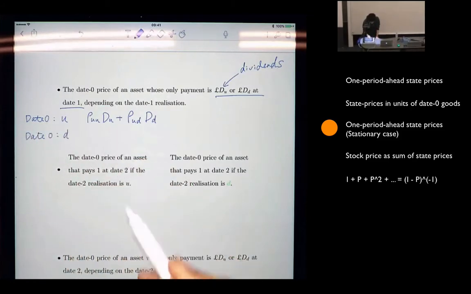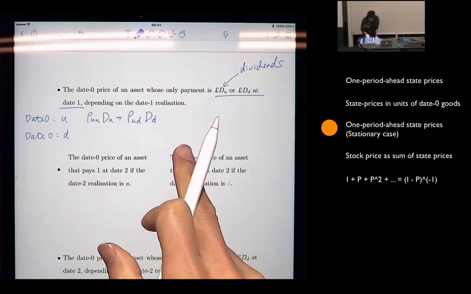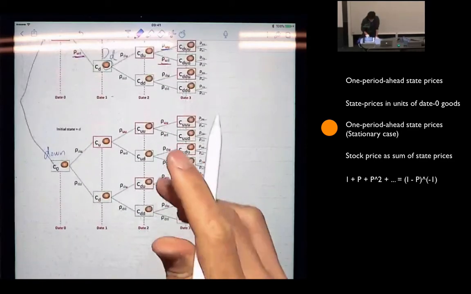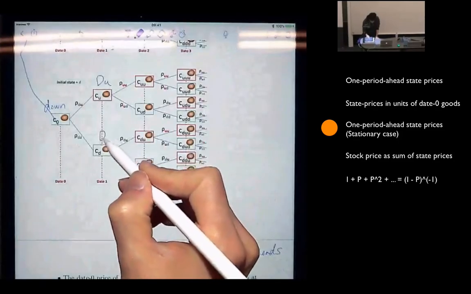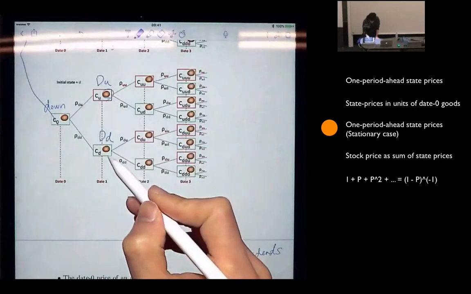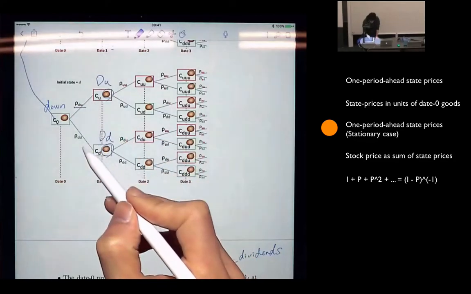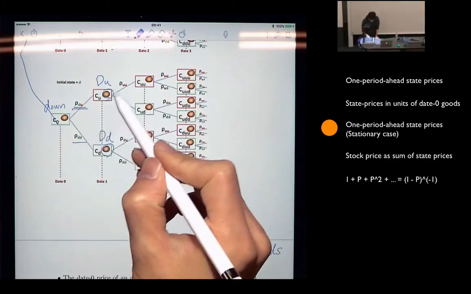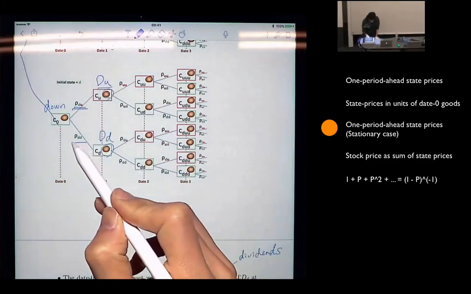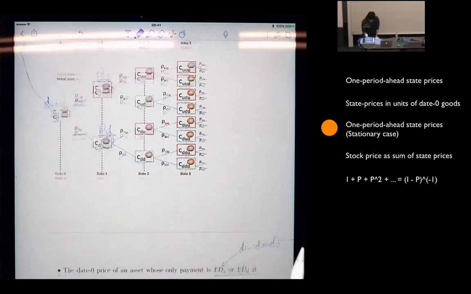If the date 0 state is D, the price of this asset is slightly different. The dividend will be the same, DU or DD, but the price of these potatoes are different. They are rho DU and rho DD. So the price of this asset is rho DU times DU plus rho DD times DD.